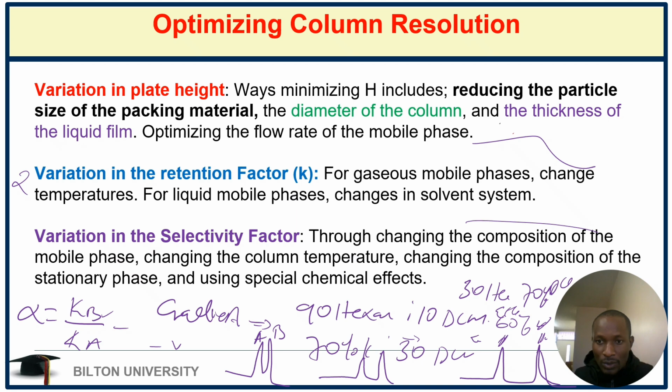This one we are going to look at in more detail. So this is how you can optimize column resolution so that you have a better separation that helps you determine and identify the components within a mixture properly and interpret them well.